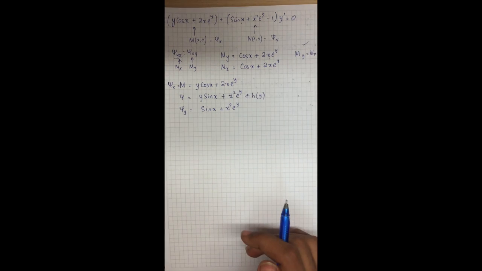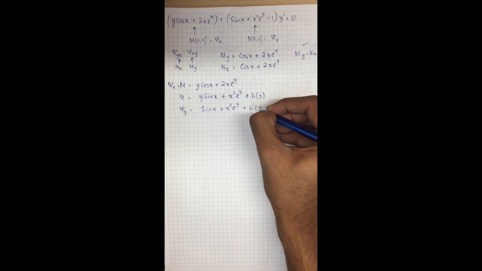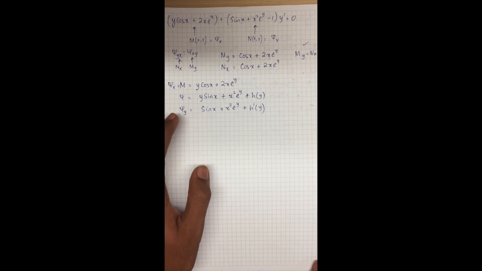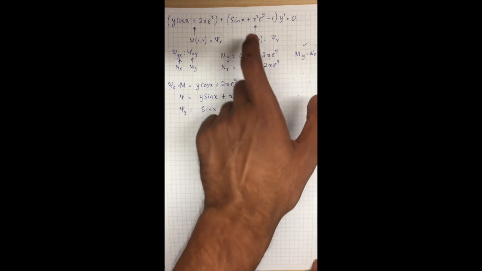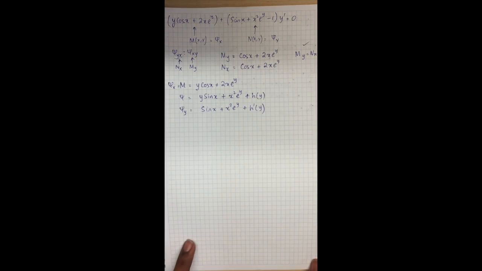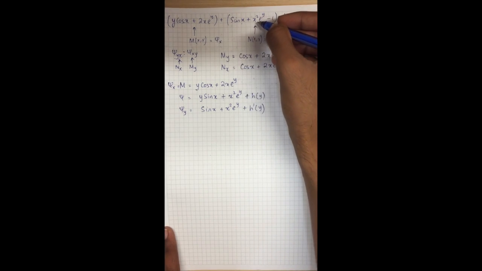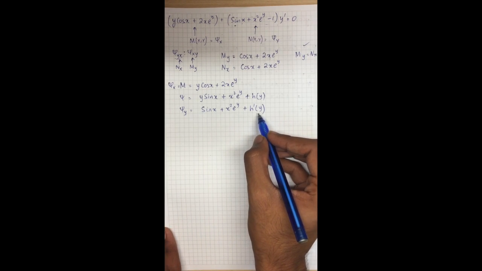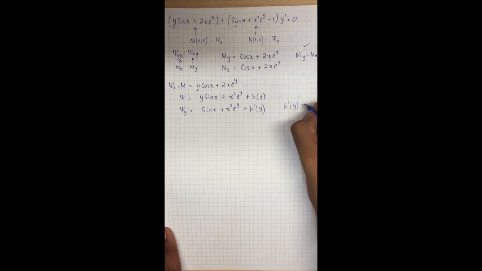This term, there's no change, right? Plus h prime of y. We know that psi y is the same as N. And we can compare these two terms because it's an exact equation, right? So when I compare this term right here and this term right here, I can easily find out that my h prime of y is going to be -1.